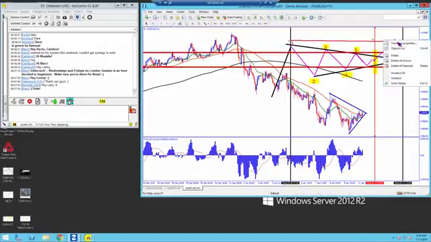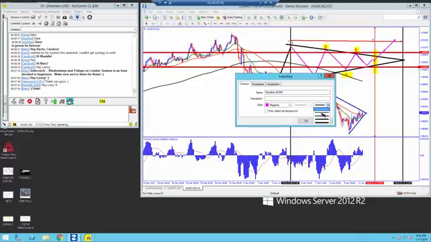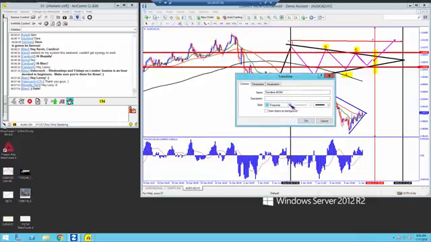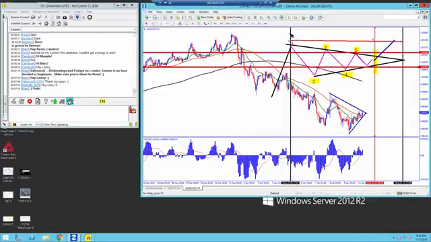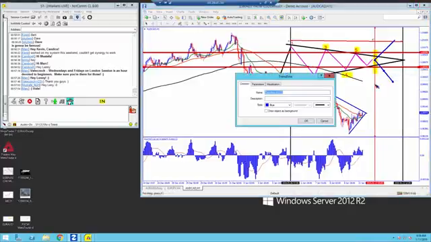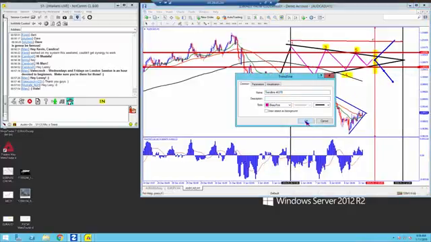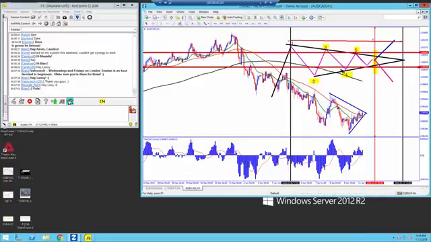Blue is up, and red is down. So you're looking at 75%.